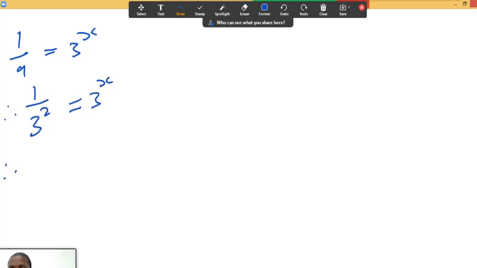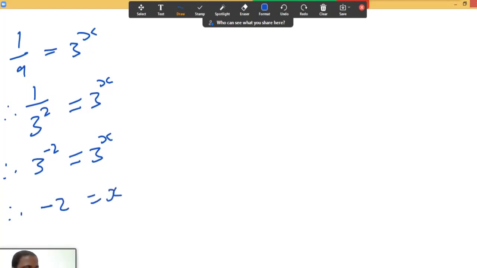We can change our fraction to 3 to the power minus 2 is equal to 3 to the power x. Whenever you have 1 over something and you want to change from a fraction, it changes the exponent to be negative, and in this case minus 2 is equal to x.